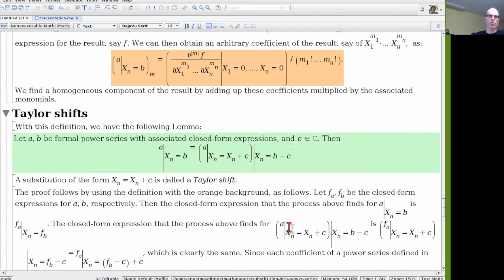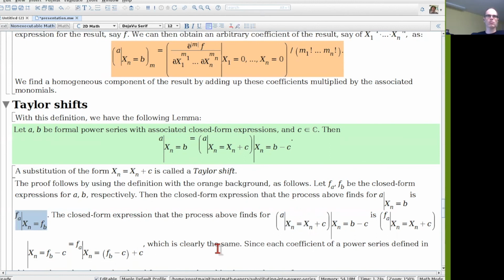For the right-hand side, what it finds is, well, for this thing, it's FA evaluated at x equals x plus C. And if you evaluate that at x equals FB minus C, you get the result, which is FA evaluated at xn equals FB minus C plus C, which is, of course, the same as what we have here. And each coefficient of this power series is defined in terms of that closed form expression, and each coefficient of this power series is defined in terms of this closed form expression, so they match.